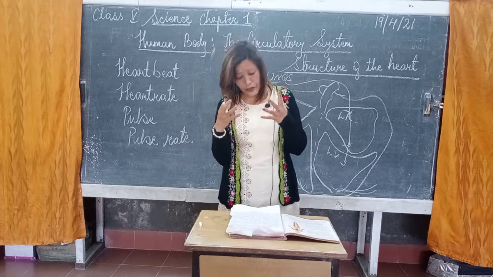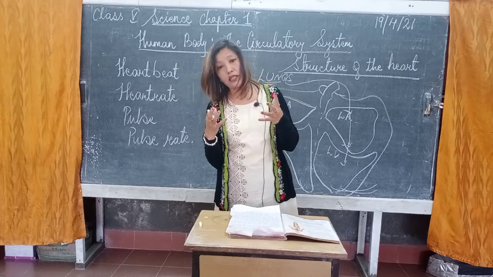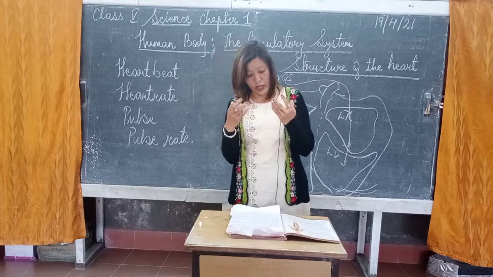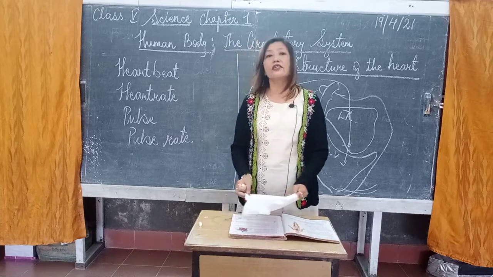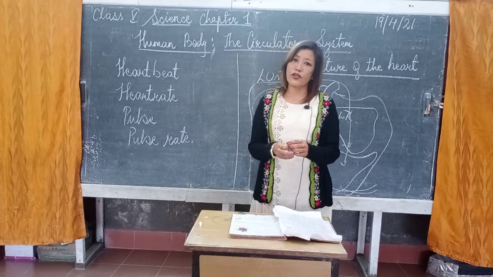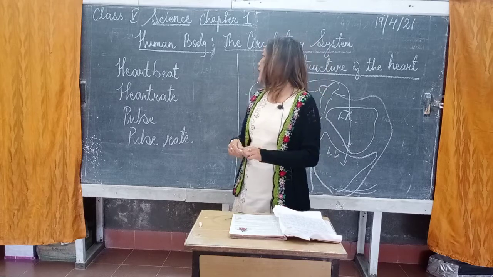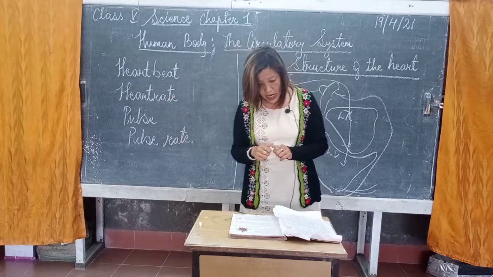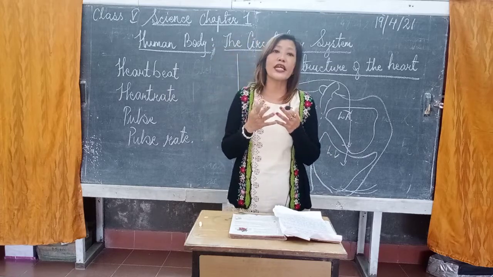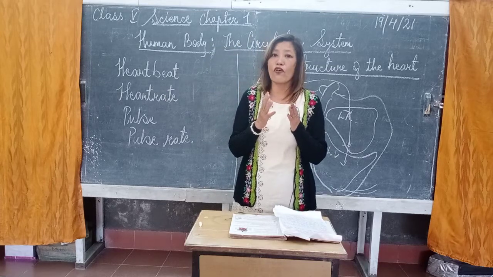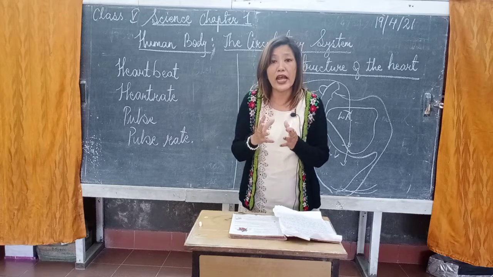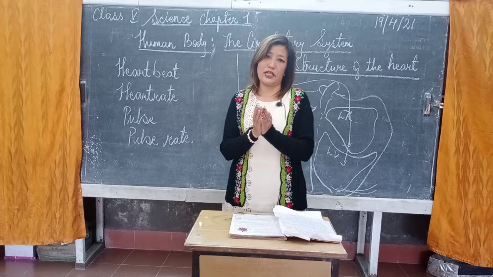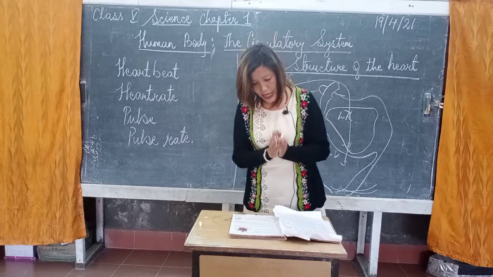We can feel the rhythmic movement of the heart in different places in our body, such as the wrist or the neck region. Then comes the heart rate. The number of times that the heart beats in 1 minute is called the heart rate.